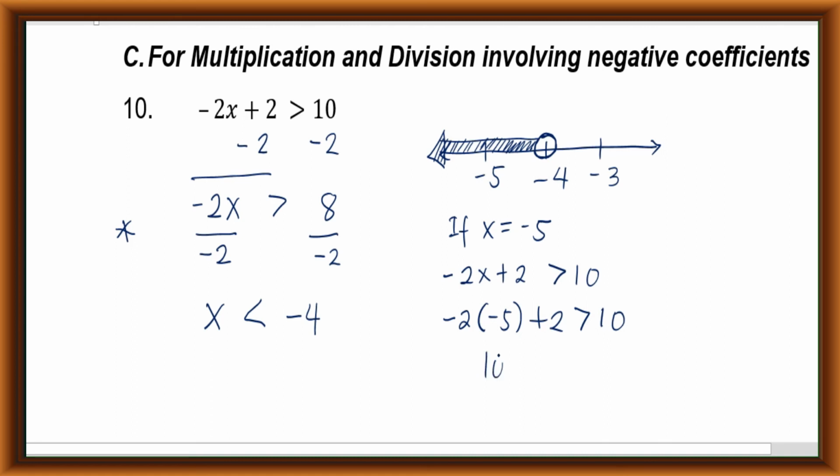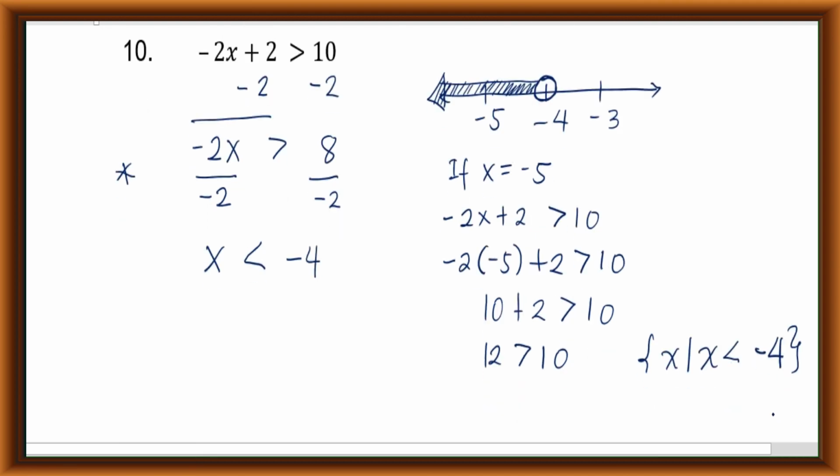So we have negative 10 plus 2 is greater than 10. So we can say that 12 is greater than 10. So it is correct. Therefore, our solution set is x such that x is less than negative 4. Okay, so that is for item number 10.